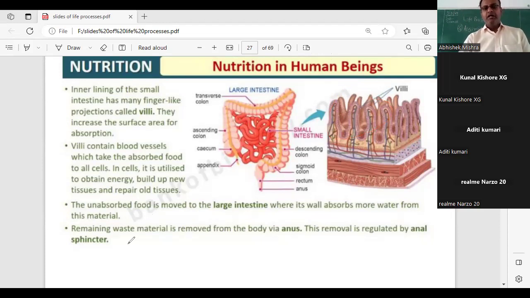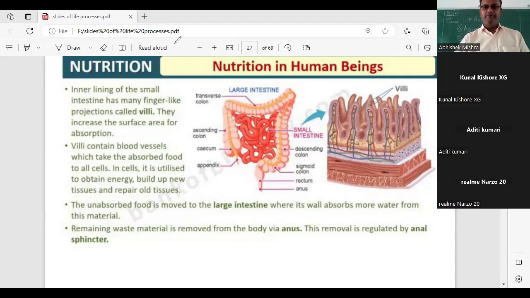So students, digestion, absorption and assimilation are done, and the last step, the fifth one, is egestion. What is egestion? The undigested food material will be given out through the anus. This is called egestion.